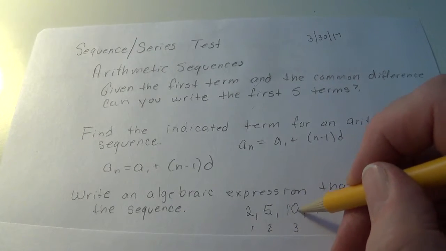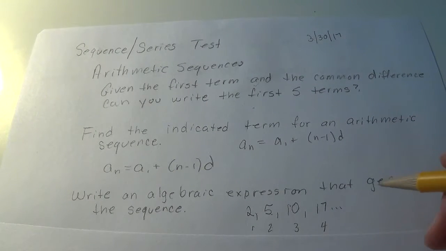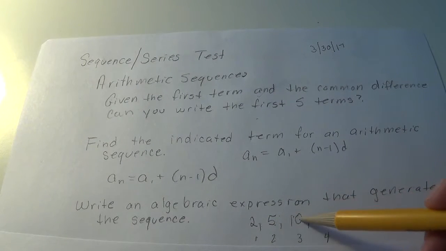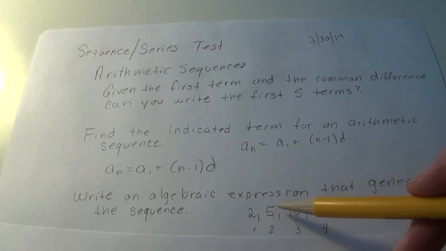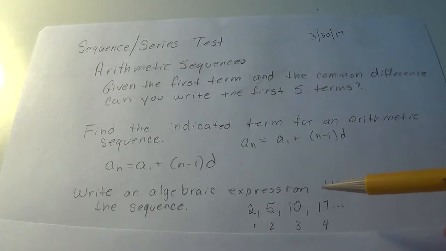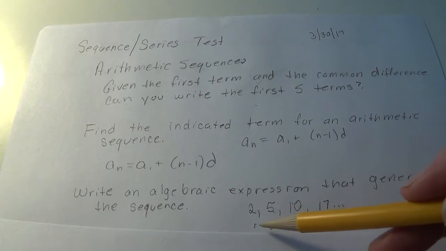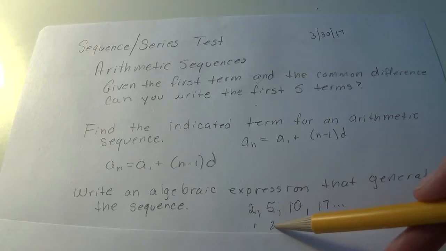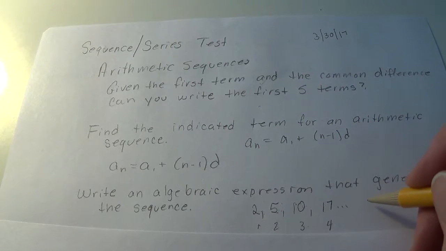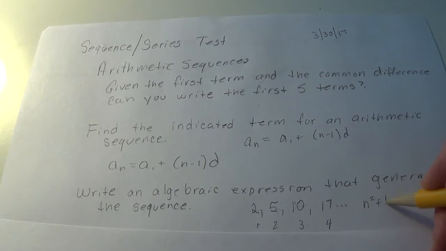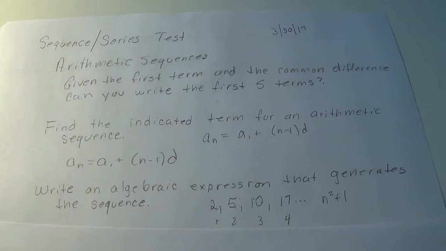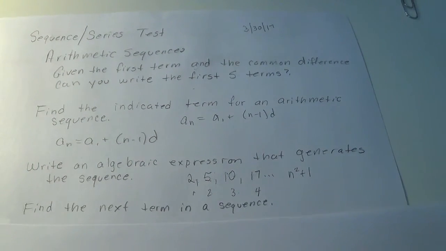What did we do to 3 to get 10? 4 to get 17. So you might notice, what's the difference between them? Well, this was 3, but this was 5, so it's not arithmetic. Something times this is not going to work. So is there another relationship? You can look at squares. 1 squared is 1, 2 squared is 4, 3 squared is 9, 4 squared is 16. Do you see it? It's going to be n squared plus 1 that will generate all of those terms. So you might have to find the algebraic generator of a given sequence like that.